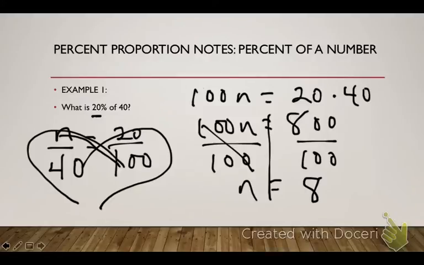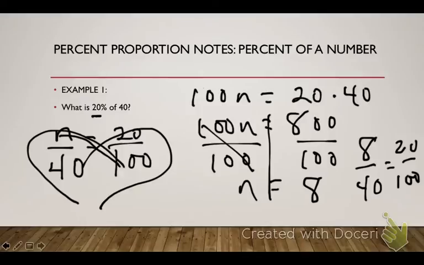So if I go back and I put what n is, 8 over 40 equals 20 over 100. Sorry, kids. My fingers just aren't small enough sometimes to write in those little areas.